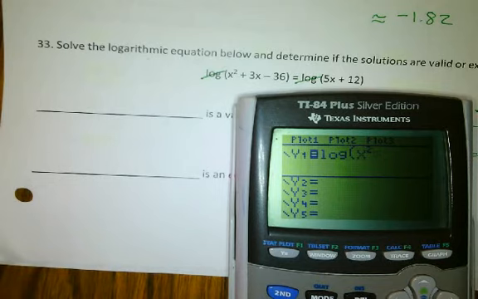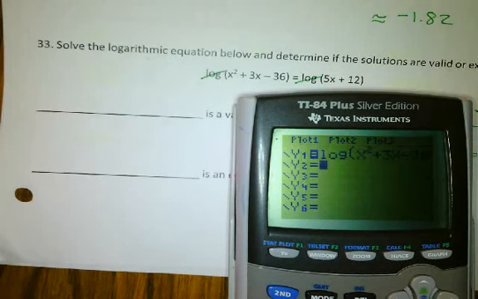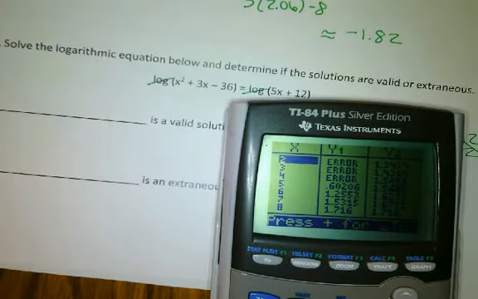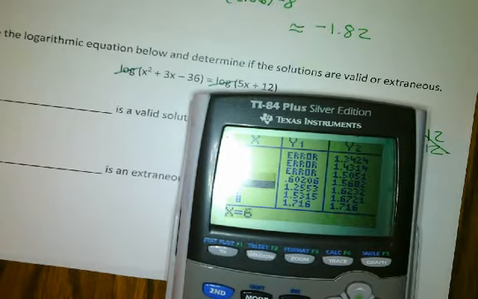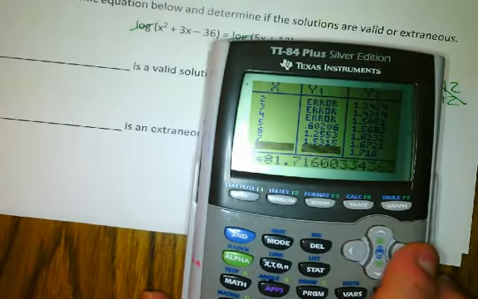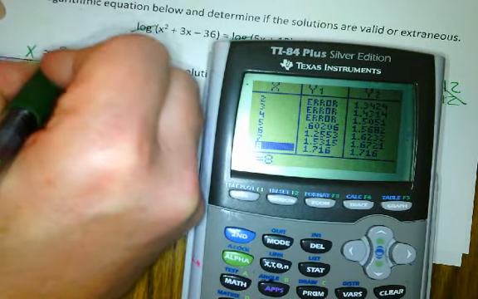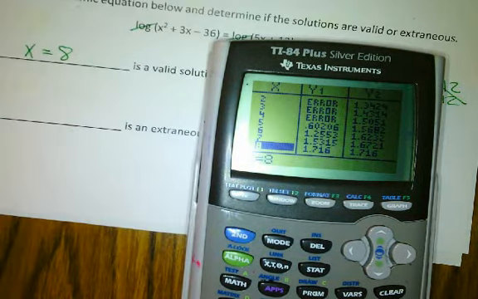Okay, so I'm going to type in the original problem, and then the other side of it here. If I go to my table, I'm going to check my two answers, negative 6 and 8. 8's a good answer, because you'll notice that the y1 and the y2 are the same. So x equals 8 is a valid solution.